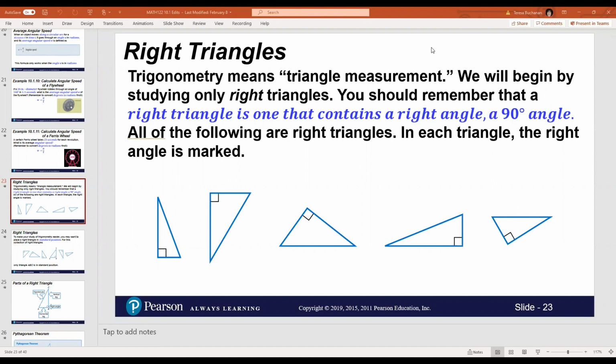Trigonometry means triangle measure. We're going to start by studying only right triangles. And you'll know that a right triangle is one that contains a right angle, a 90-degree angle. All of these are right triangles with the right angle marked.